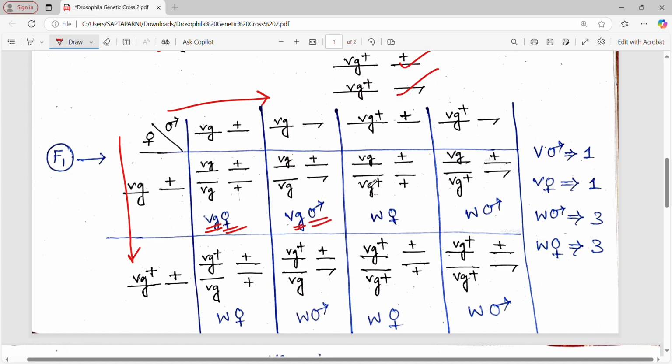Then VG plus VG, that means heterozygous condition, so it will be a wild type or normal winged fly, and with 2 X chromosomes, it is a wild type female. Then VG plus VG with X and Y chromosome, it is a wild type male. Then again wild type with 2 X chromosomes, a wild type female, and wild type with X and Y, a wild type male. Then VG plus VG plus, homozygous wild type alleles with both X chromosomes, so it is a wild type female.